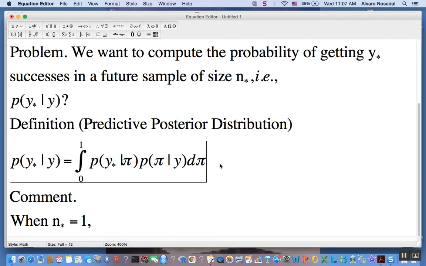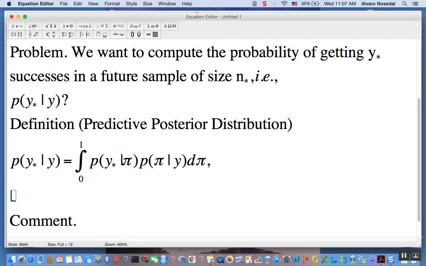And by the way, before I move on, remember that y star is the number of successes in a future sample of size n star. So y star could assume the following values: 0, 1, 2, 3, up to n star.